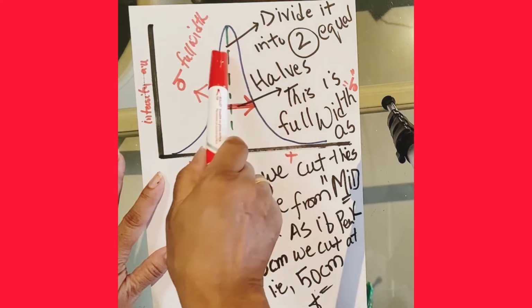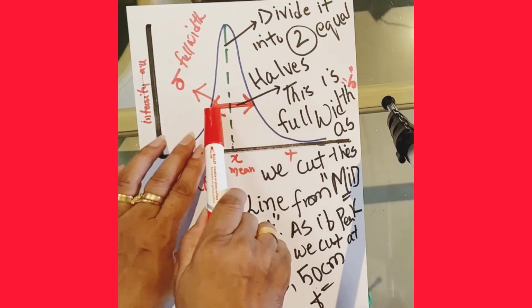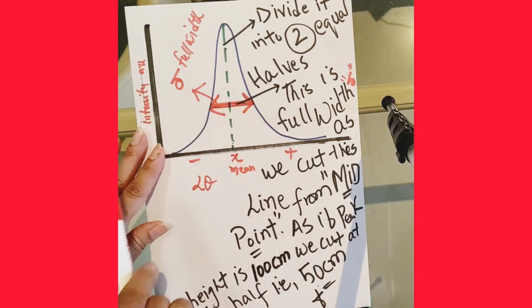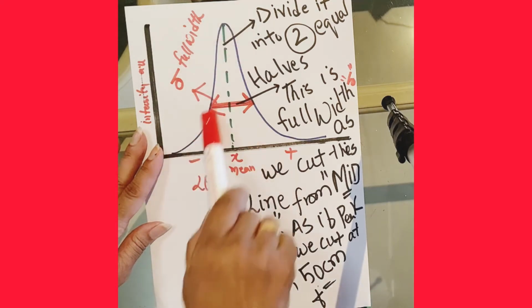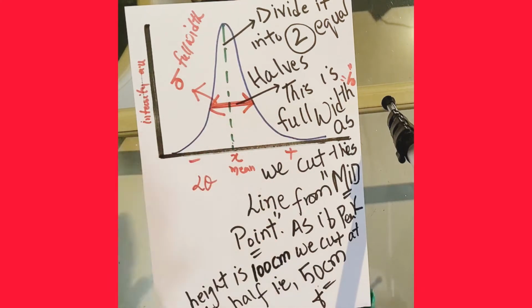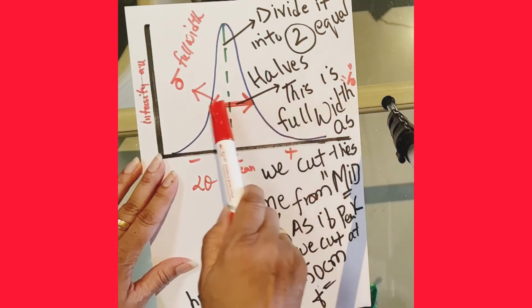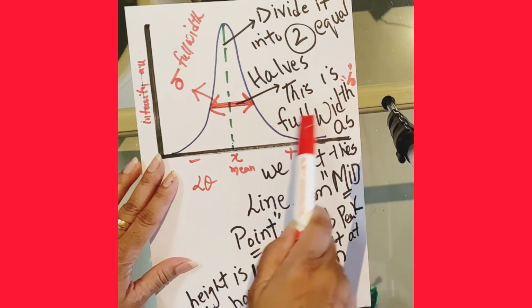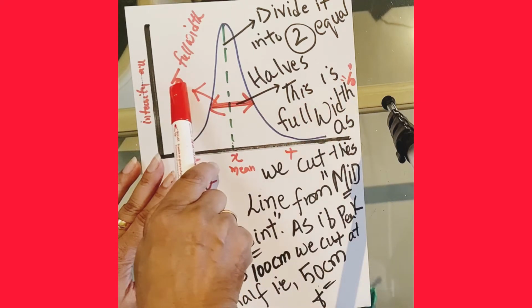So now we have divided it into 2 equal halves, and again we cut this line from the middle, and this is called a midpoint. For example, if the peak height is 100 centimeters, we cut at its half, that is 50 centimeters. And this is what you are going to call the full width, and it is represented by this symbol.